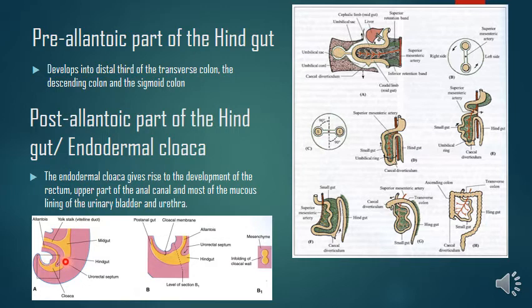This is the pre-allantoic part. So this post-allantoic part, also called the endodermal cloaca, gives rise to the development of the rectum, upper part of the anal canal, and most of the mucous lining of the urinary bladder and the urethra. These are the derivatives of the post-allantoic part of the hindgut.